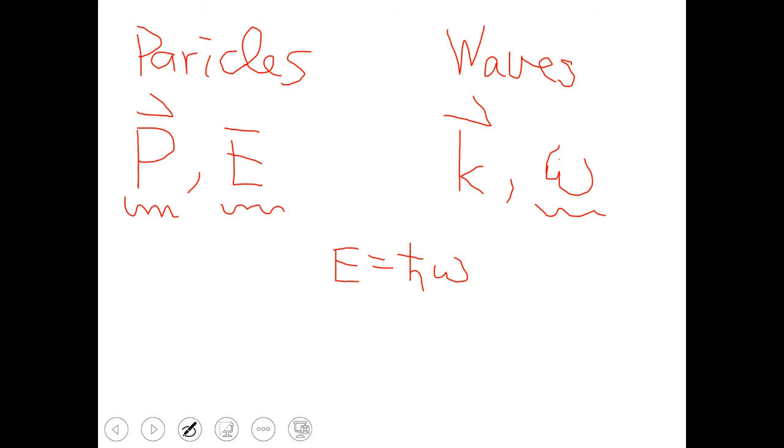So whether the K and P have some sort of relation. If it is this, then we can claim that there is so-called wave particle duality, 波粒二象性.